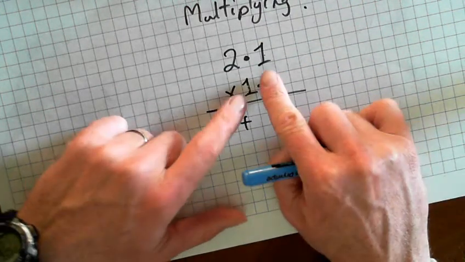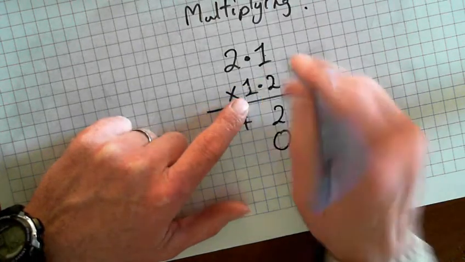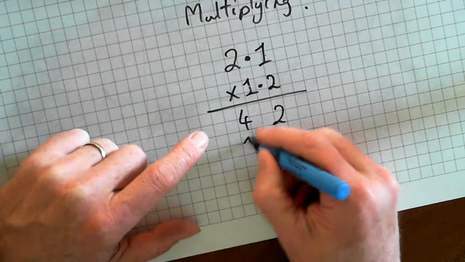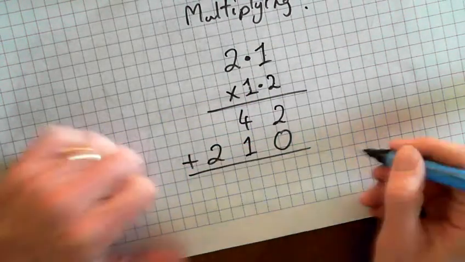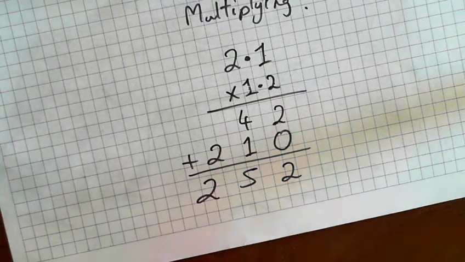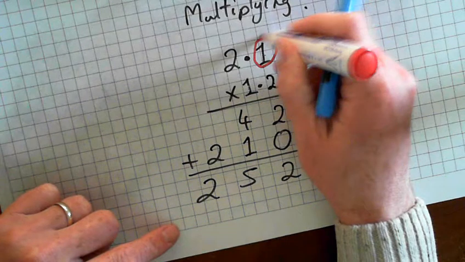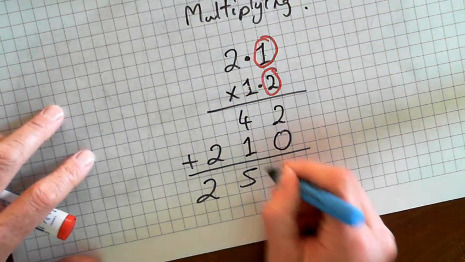Now, we're multiplying by tens now, aren't we? 0 underneath. Exactly, put a 0. Now, 1 times 1 is 1, 1 times 2 is 2. Now, add them together. 2, 5, 2. Now, how many figures are to the right of the decimal point? 2. So we jump 1, 2.